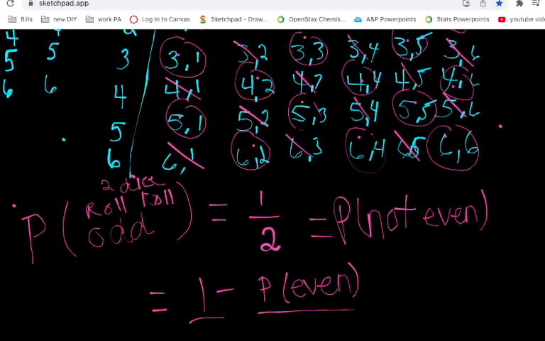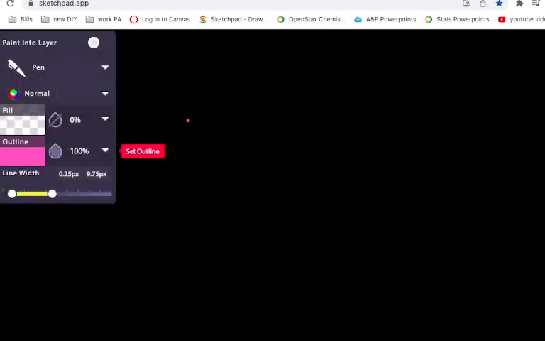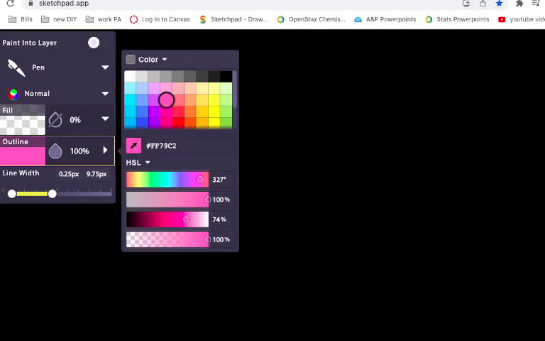All right, we're going to clear the board and do another problem similar to this. Okay, now we are going to talk about flipping a coin, flipping 2 coins 3 times. So you have your first coin, and you have your second coin, which I'll put here in a white color.